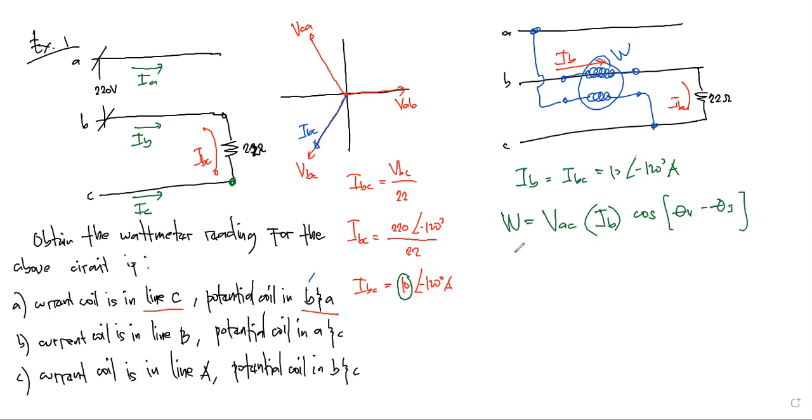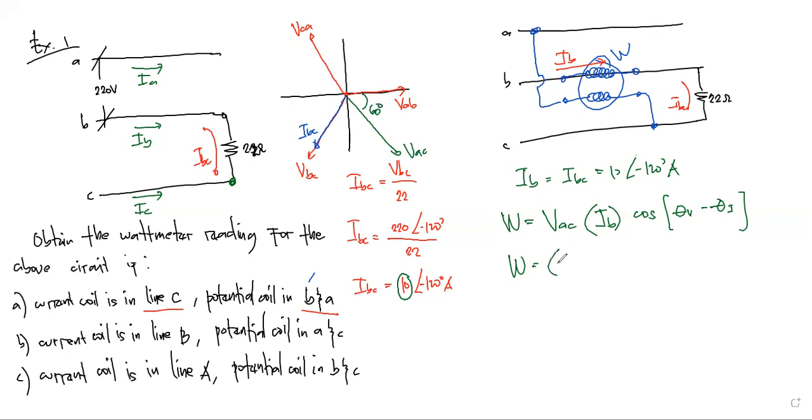So the wattmeter reading is the magnitude of AC. Where is AC located? AC is the opposite of CA. So this would be VAC. So this is 60 degrees, no?